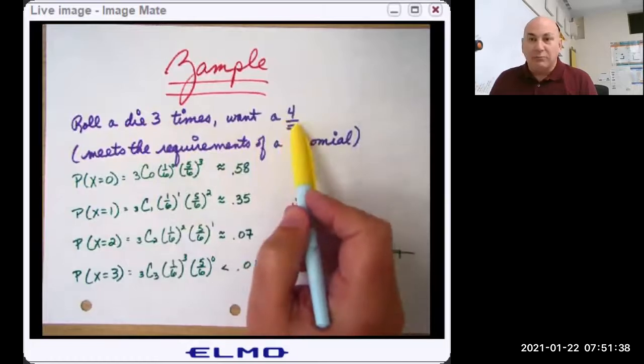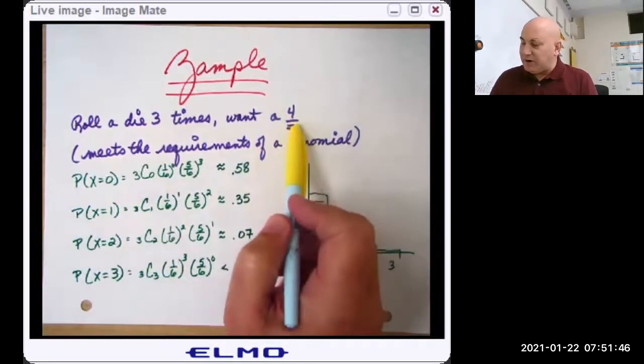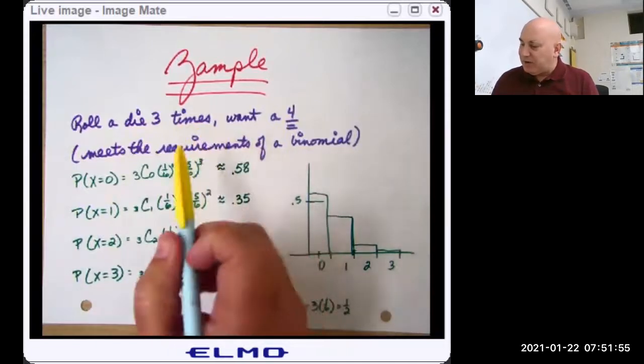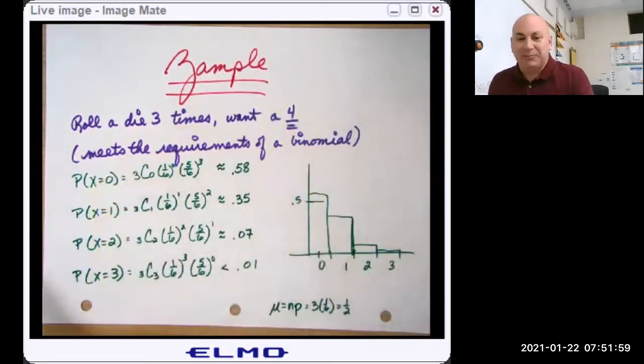Well, there's 4 and not 4. And the probability of success is the same for each trial. Probability of getting a 4 each time we roll is 1 out of 6. So we can let X represent the number of successes, and we want to know the probability that X equals 0, 1, 2, or 3.